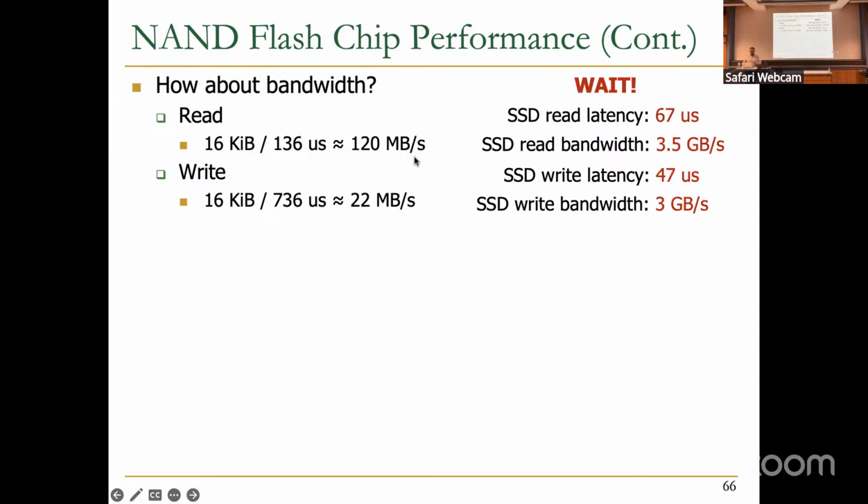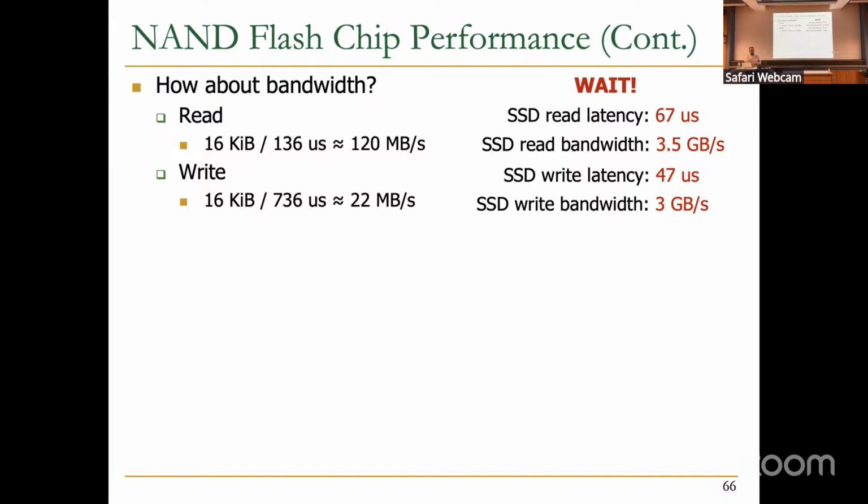But now you're observing a big difference between the numbers that we discussed in the previous slides and the numbers that we are calculating. The latency reported there is an average latency, which you can also consider effective latency, because you have parallelism. You are not writing to one flash chip.